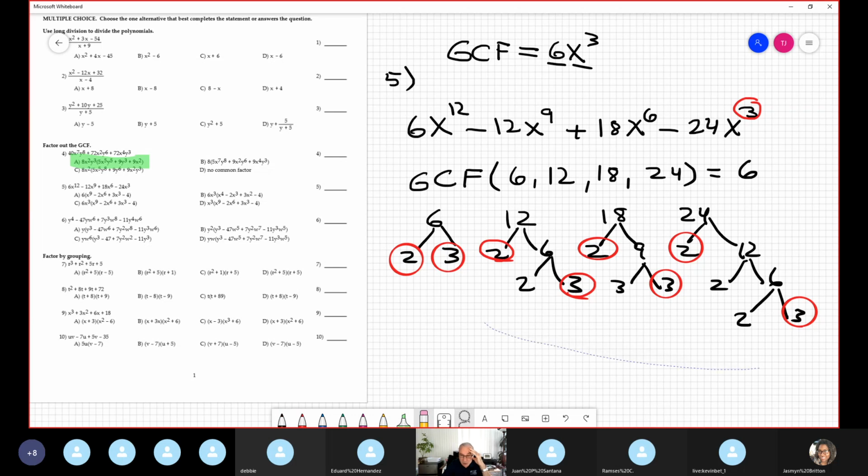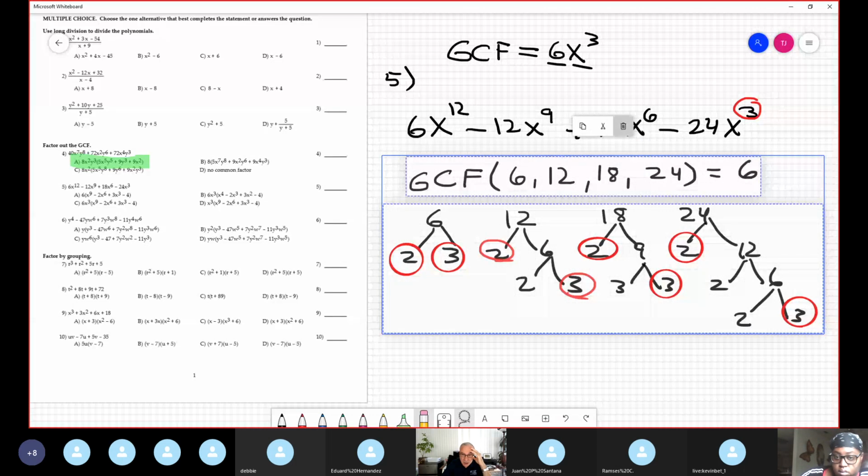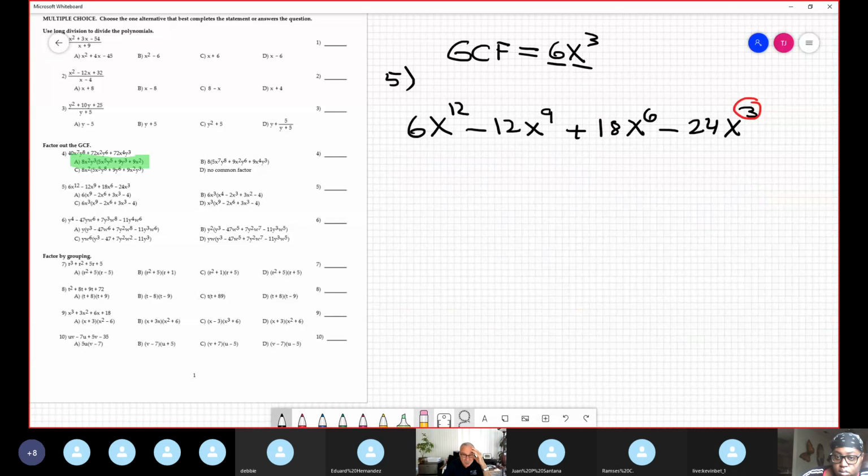Okay, do you follow me? Do you understand this? Okay, now the last step. You factor out that guy. That guy is 6x cubed. Open parenthesis. Inside the parenthesis, the remaining part. See, this 6 I put out. We have 12 divided by 6 is 2, because in my mind I'm working like 12 is 6 and 2.